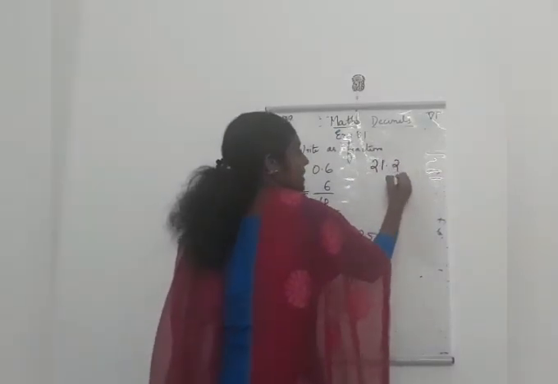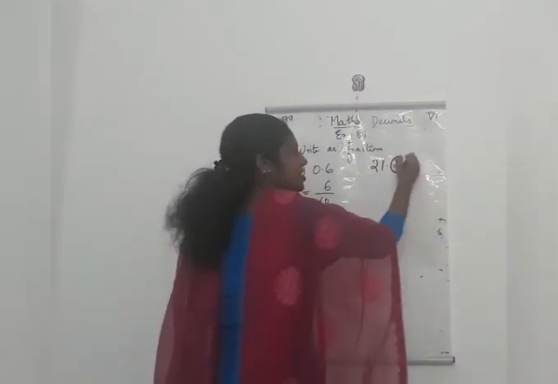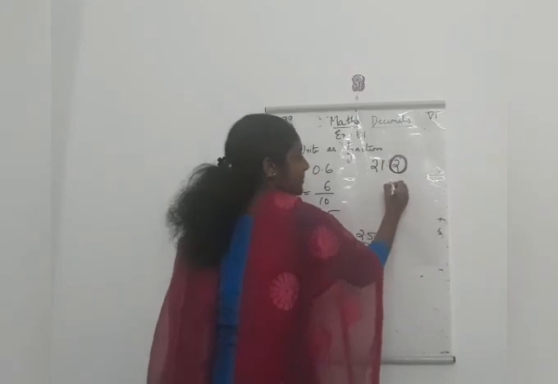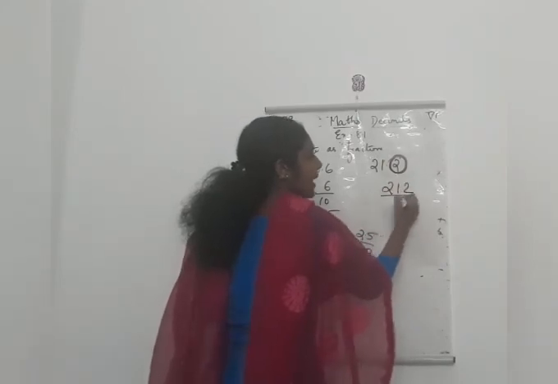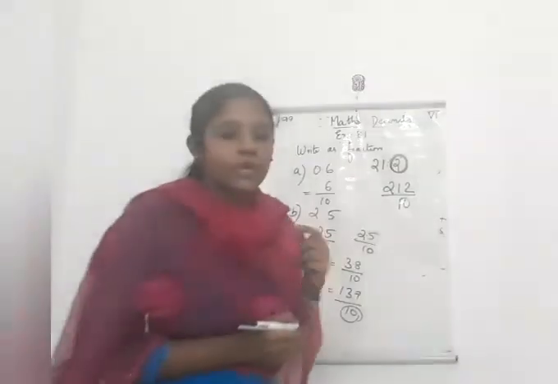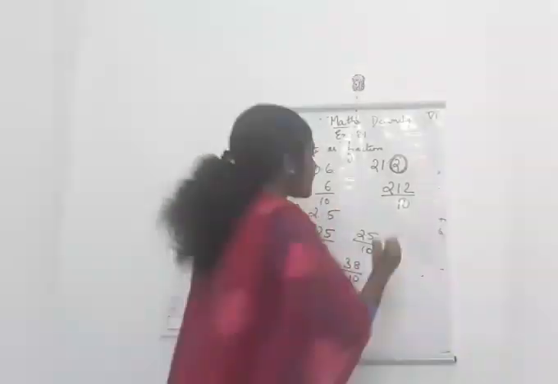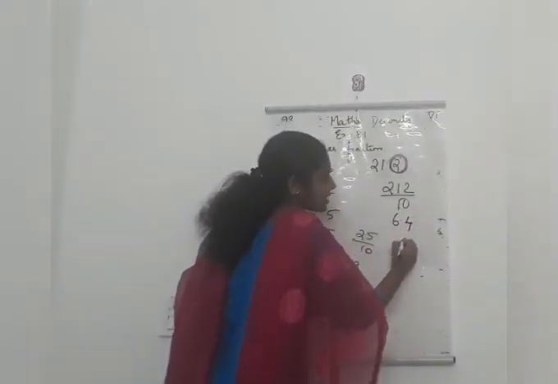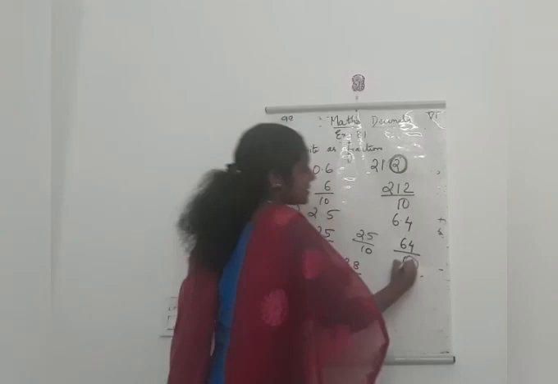What is that? പോയിന്റിന് ശേഷം ഒരൊറ്റ പ്ലേസേ ഉള്ളൂ. So it is 212 by 10. Okay. Last question, it is 6.4. It is 64 by 10.